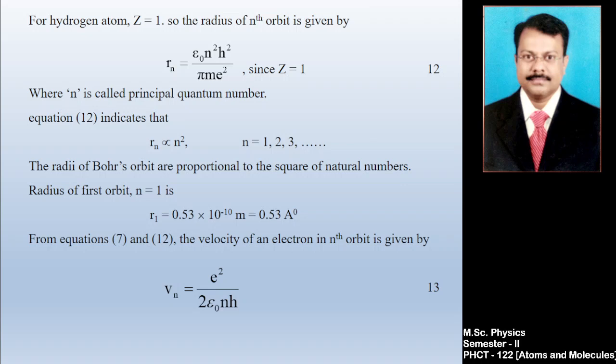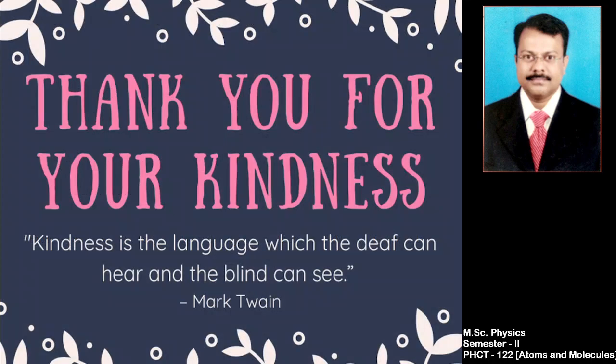This is the velocity. This equation gives the velocity of the electron in the nth orbit, and equation 12 gives the radius of the nth orbit. This is the revision of the hydrogen atom.